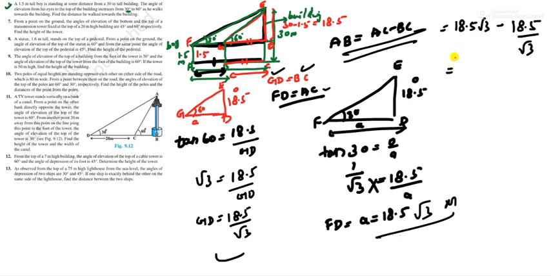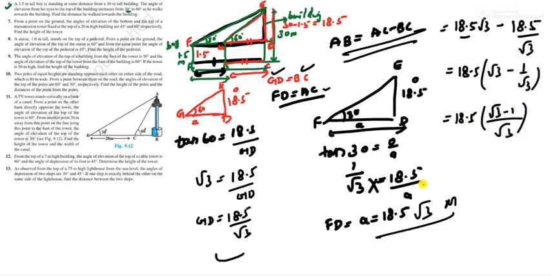So now 18.5 is common, you can take it out. Here you will get root 3 minus 1 by root 3, right? Do the LCM, it is the same root 3. Here you will get root 3 minus 1. So root 3 is in the denominator. So 18.5 into root 3 minus 1 divided by root 3.